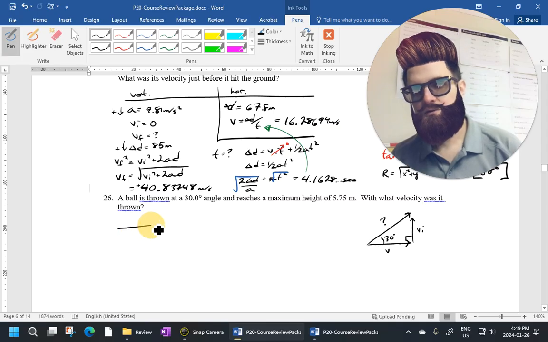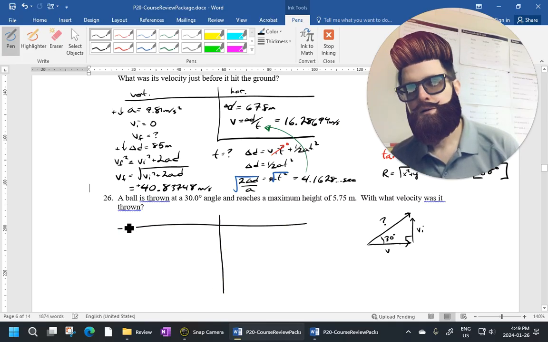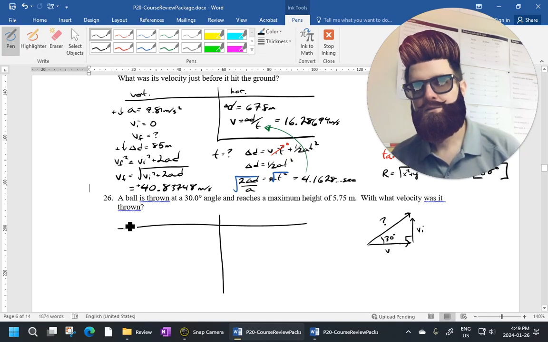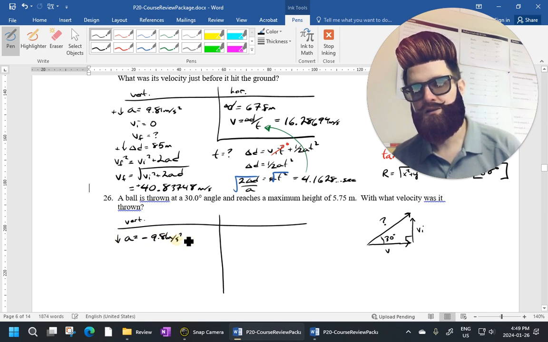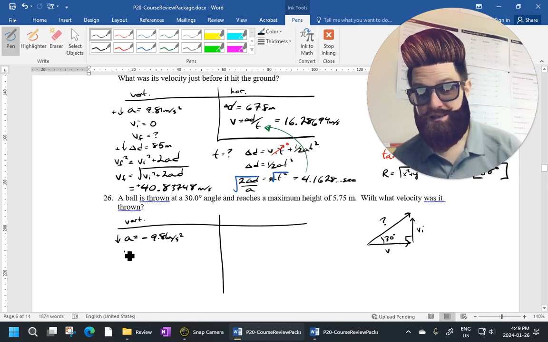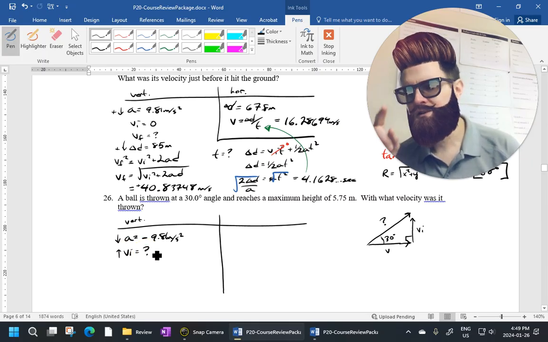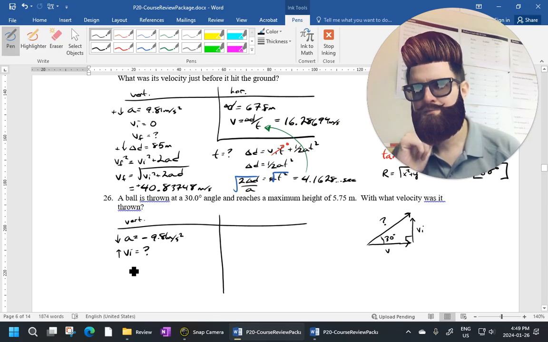So what do we have? Well, let's see. In the vertical direction, we have the acceleration, negative 9.81 meters per second squared. I'm saying negative because it was thrown upwards, so there is a vertical velocity that's positive, it's upwards. So that's what we're trying to find anyway.